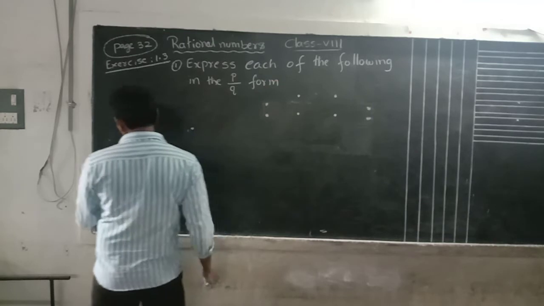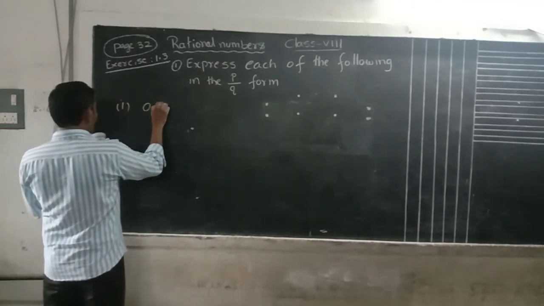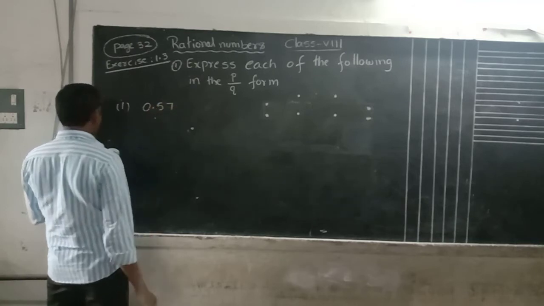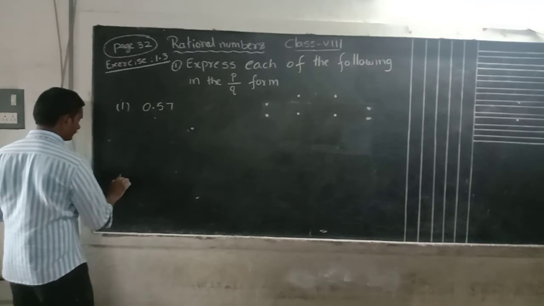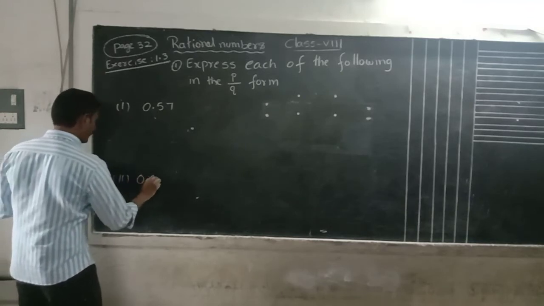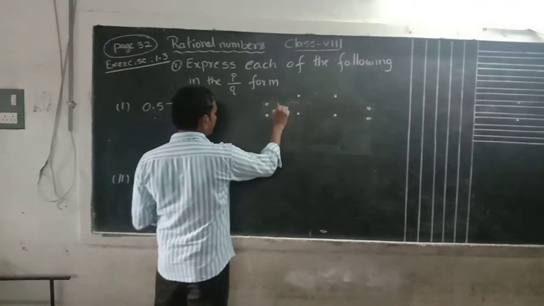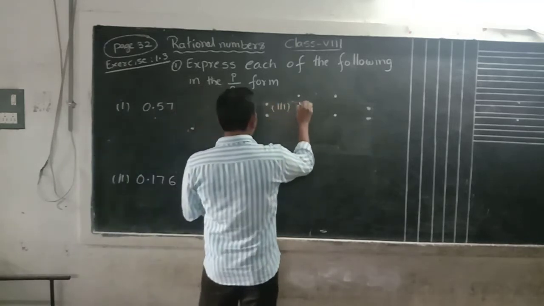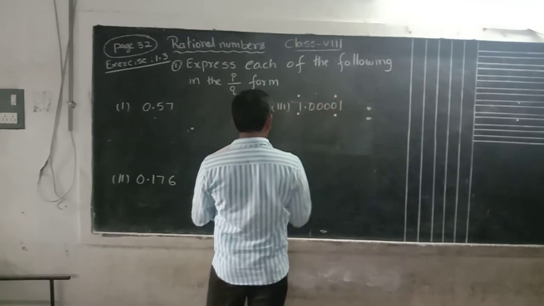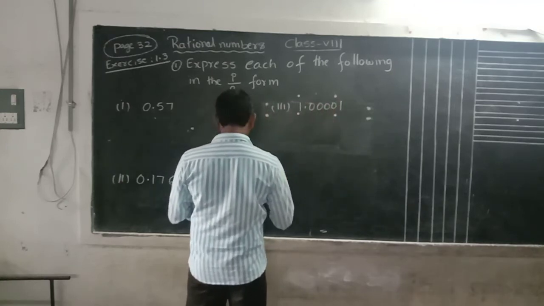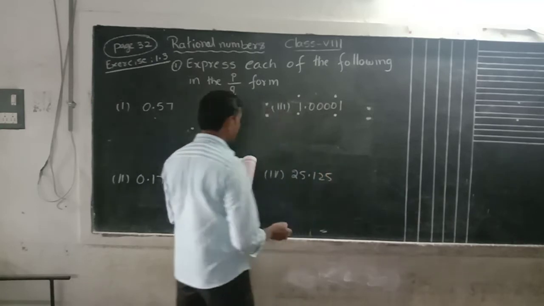In the first one, what is given? 0.57. Second one, 0.176. Third one, 1.00001. Fourth one, 25.125. Like this, questions are given.